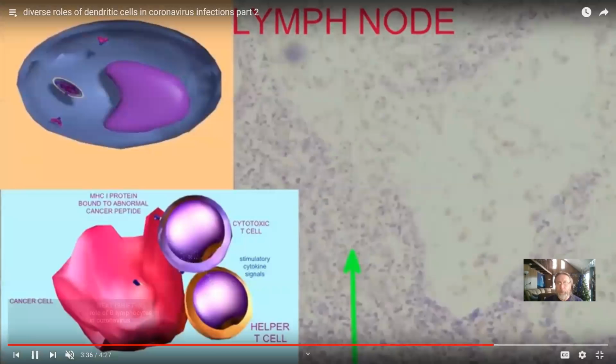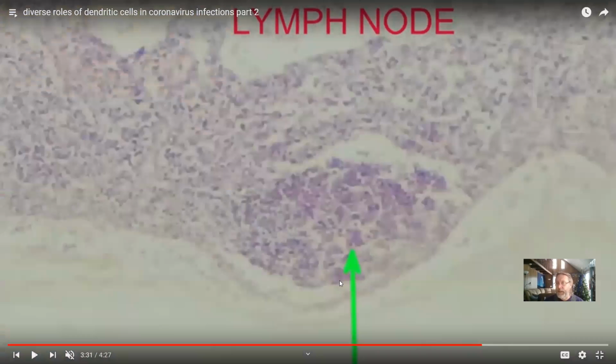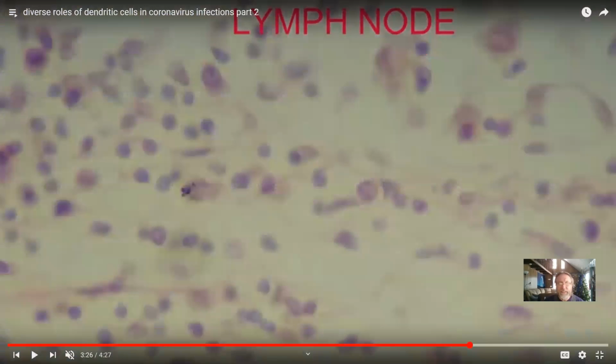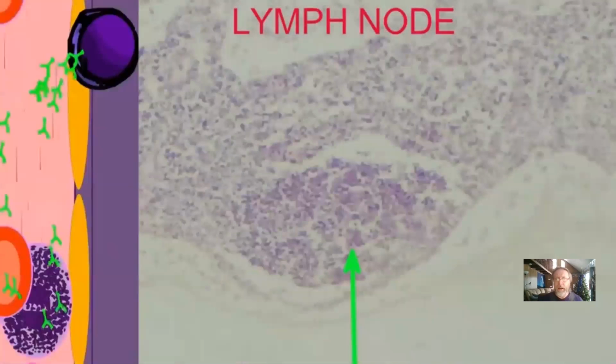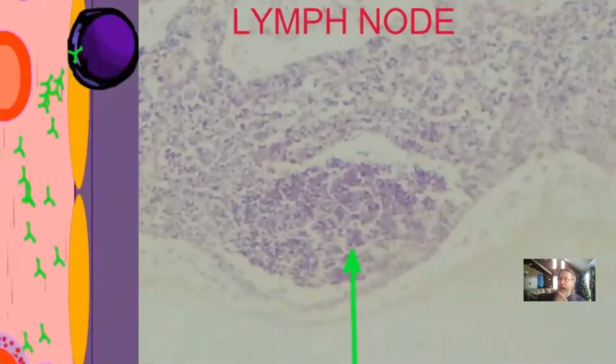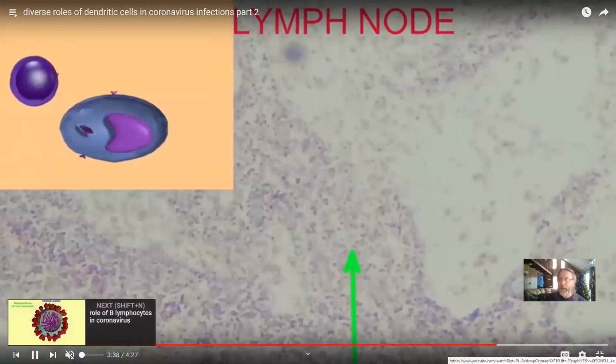So for example, it may be in the lymph node that the cells which were educated then stimulate B lymphocytes to make antibodies that then go into the blood, which then help our response to the infection. So dendritic cells and their ability to travel may be key.